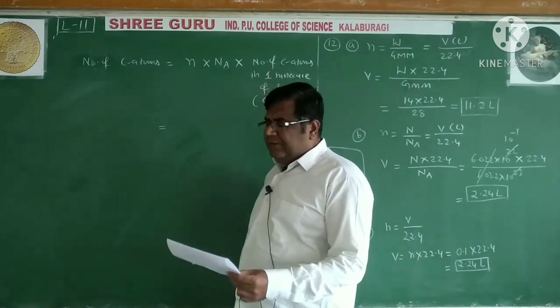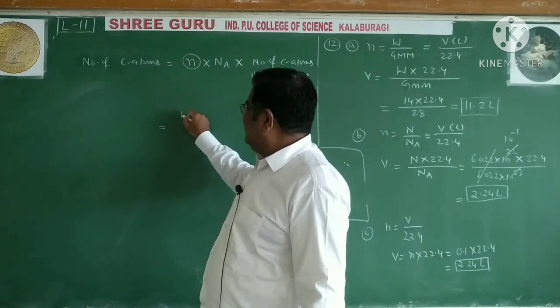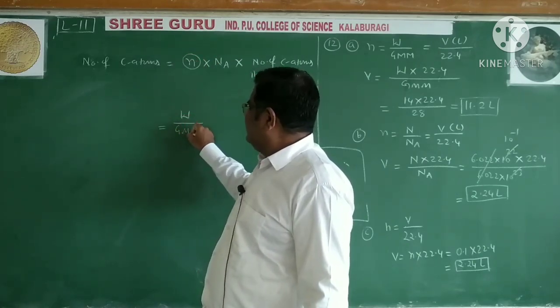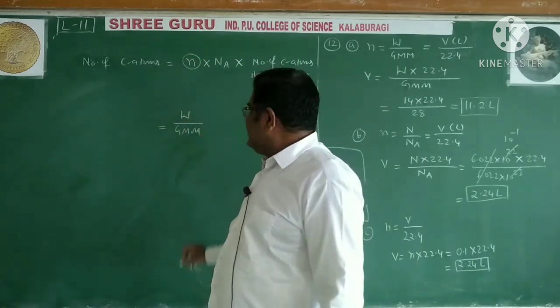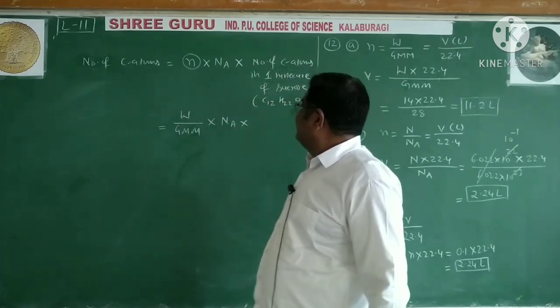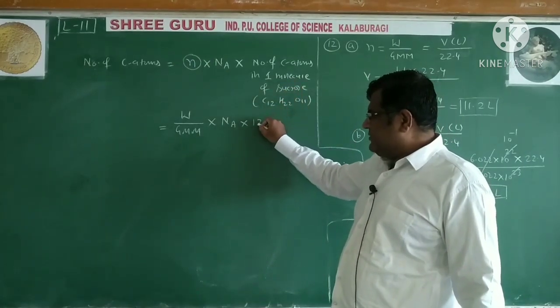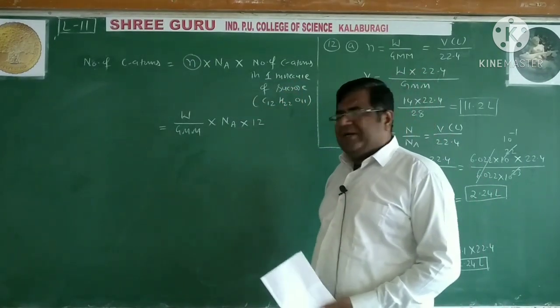Now how many moles are there? This can be replaced by mass by gram molar mass. This is Avogadro number. And one molecule of sucrose contains 12 carbon atoms, so multiplied by 12.